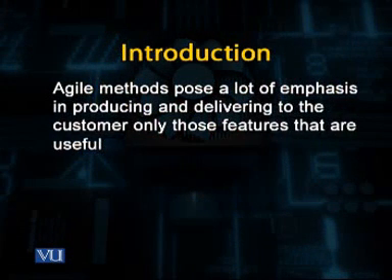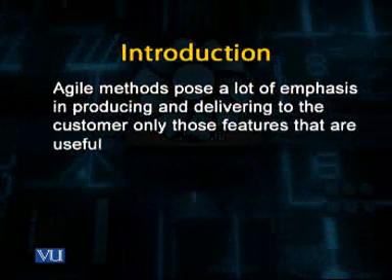Agile methods place a lot of emphasis on producing and delivering to the customer only those features that are useful. Now, this is a stark departure from our traditional software development approaches, where a lot of emphasis is given to the fact that a reusable architecture is developed and that architecture is given to the customer.